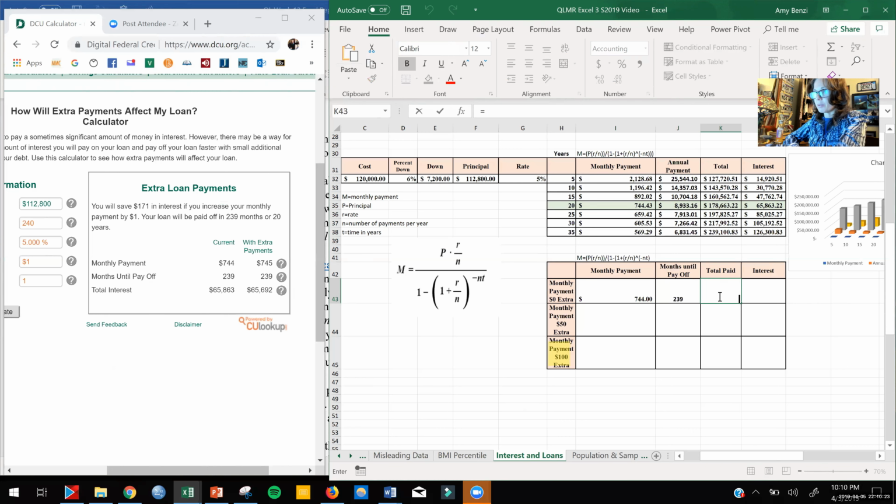So I'm going to put an equal sign in here. My monthly payments times the number of months that I paid. That's the total amount. And then my interest is going to be the total amount I paid minus the amount I borrowed. Okay?